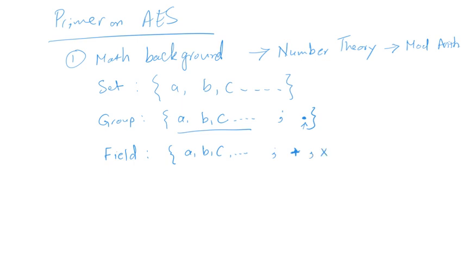So it has two operations, not only one. Again, when you perform those operations on the elements, the output should belong again to the group, right? And we add to that a few things. It's actually existing since the group, that for the operation, there is a unitary element, which is when you perform the operation using that element, the output is the same element. So A operated on with unitary is going to give you A again, okay?